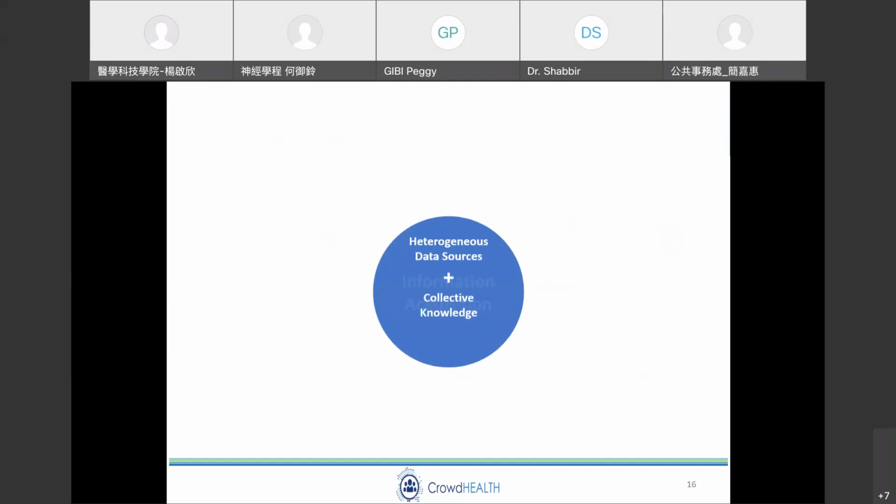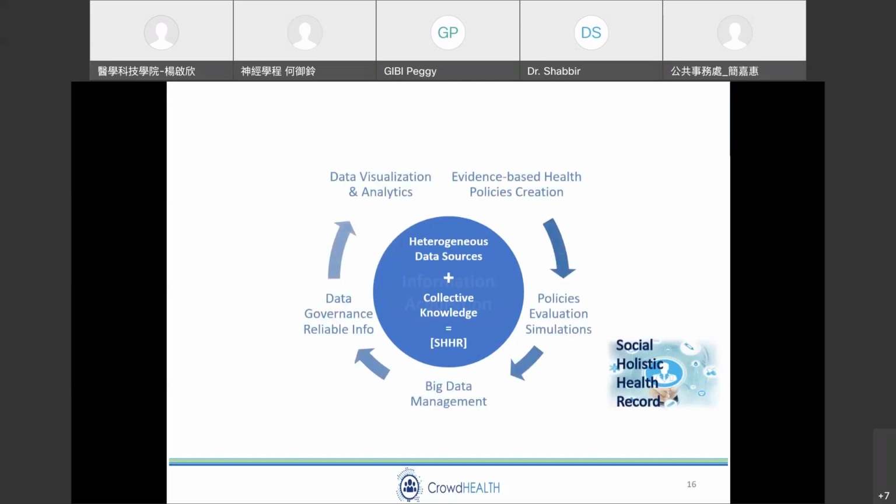Then we want to make collective knowledge using this type of data and provide these social holistic health records. Then evidence-based policy evaluation, big data management, data governance, reliable information, data visualization, and analytics. That is what exactly we wanted to do.